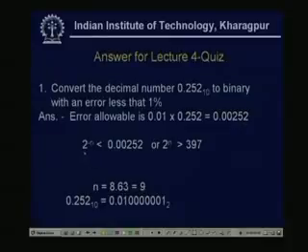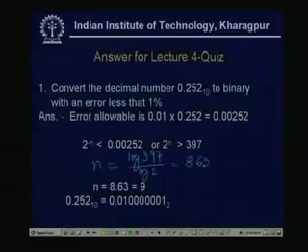So, 2 to the power minus n is less than 0.00252, that can be written as 2 to the power n greater than 397. So, from this expression we can get the n if I take the log on both sides, then it will be log of 397 divided by log 2, and this value is equal to 8.63.